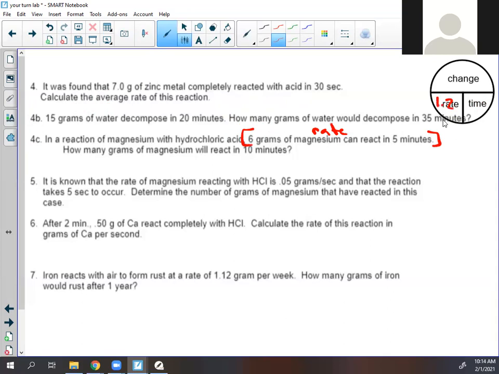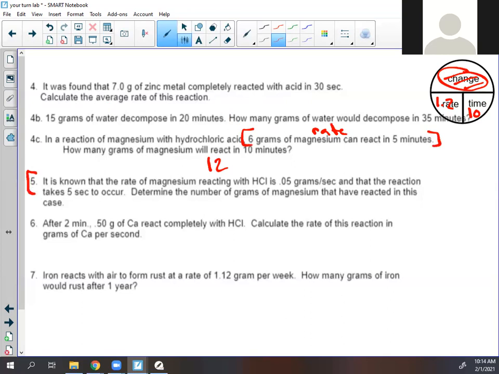That's what 6 divided by 5 is equal to. So my rate is 1.2. How many grams? Anytime I ask that, that's solving for the change. React in 10 minutes. So what do we get? 12. Okay.